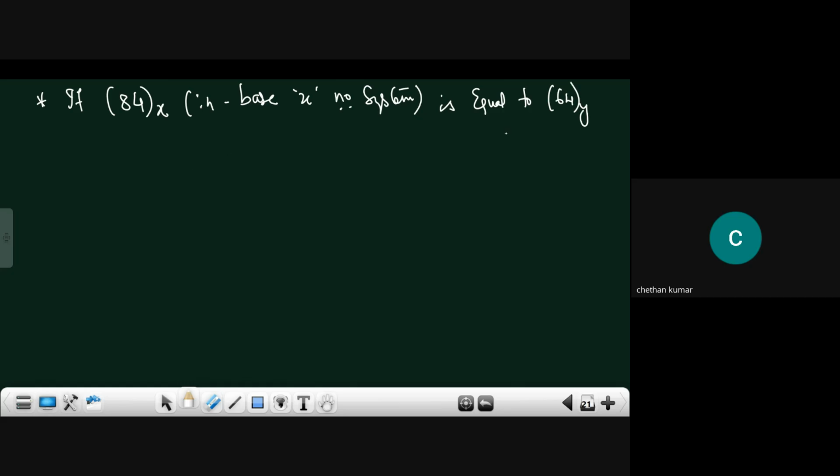Y is nothing but the base y number system.